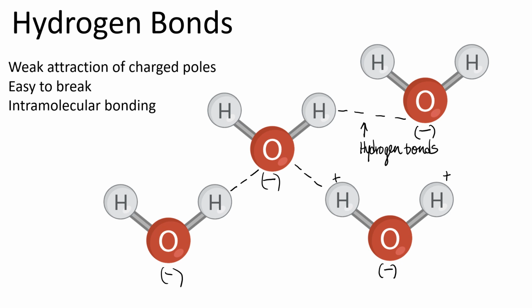As your water-based blood flows through your blood vessels, the water molecules are forming and breaking these hydrogen bonds between the molecules. It's that forming and breaking that allows water to take the shape of whatever container you put it in. The covalent bonds between the atoms, remember, they're strong. They never break and reform. Just the hydrogen bonds between the molecules.